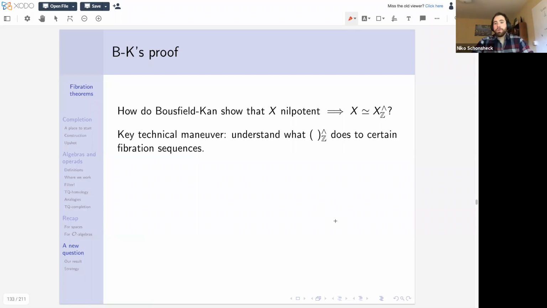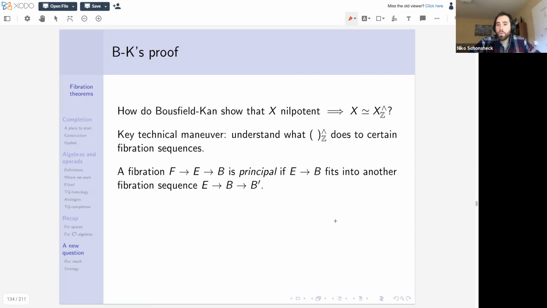The key technical maneuver, the heart of their argument, is to understand what completion does to certain fibration sequences, the principal fibration sequences. We say that a fibration is principal if E to B fits into another sequence. What it means is this fiber sequence can be extended to the right, so that E to B to B prime is a fiber sequence, and F to E to B is also a fiber sequence.